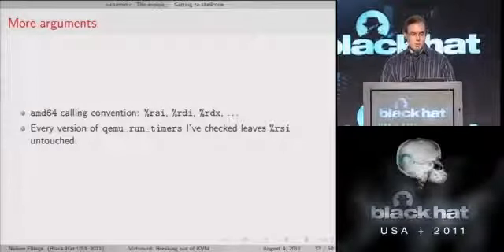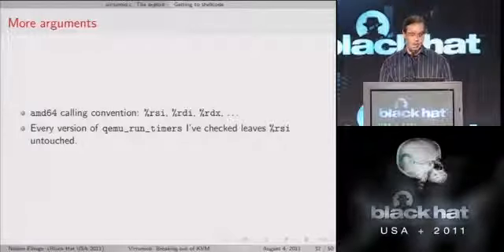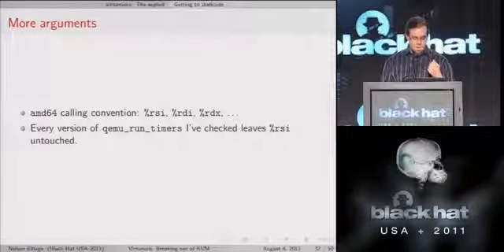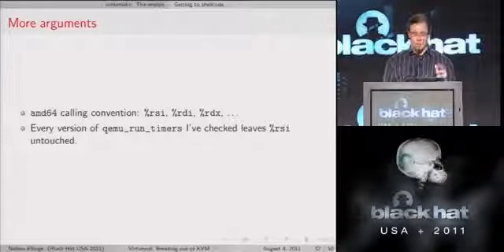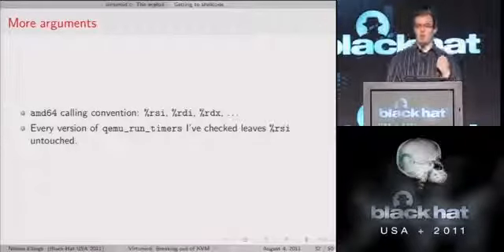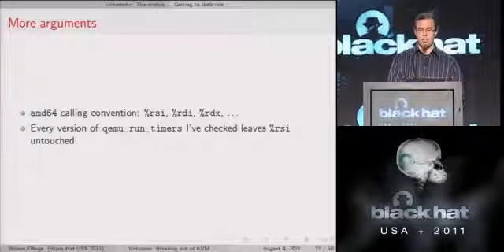And so every version of QEMU run timers that I've looked at as compiled by GCC leaves RSI untouched. I think I got that backwards. The arguments are actually RDI, then RSI. But so it leaves RSI, the register for the second argument to a function call, untouched.